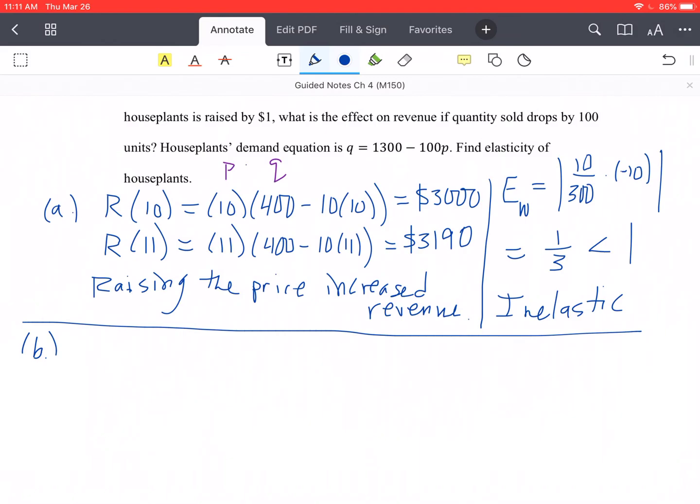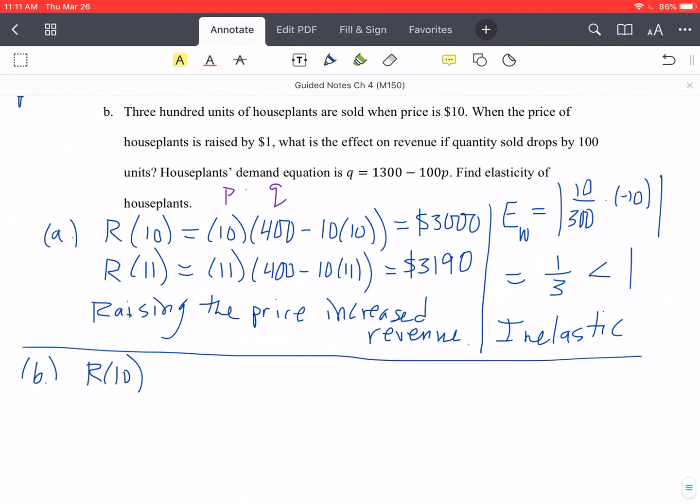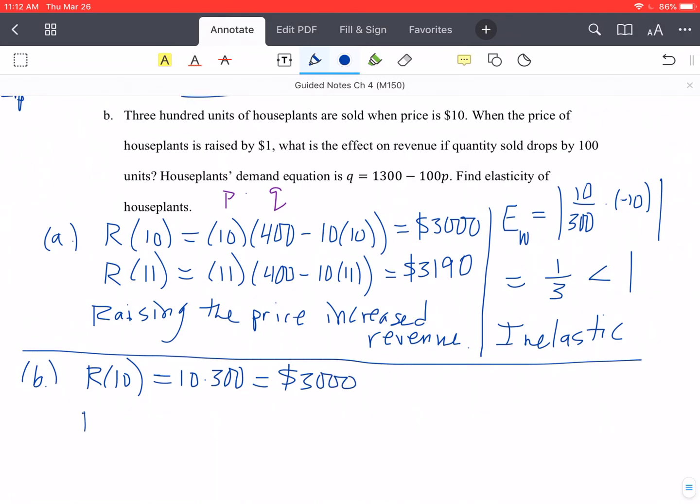All right, so let's look at the change in revenue first. So R of 10, in this case, it said 300 units are sold when the price is $10. So that's $10 times 300 units. So that's $3,000. Raise the price by $1. That's 11 times the number sold, which drops to 200.